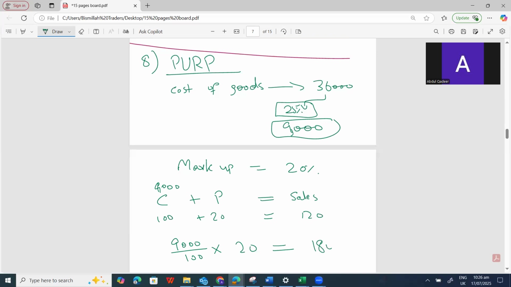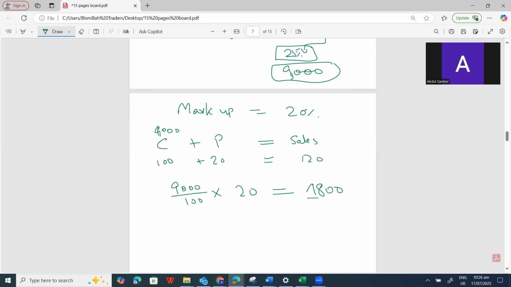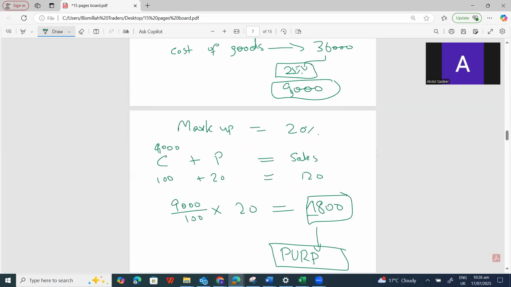This comes as 1,800. £1,800 will be the PURP, provision for unrealized profit. This we have calculated; the next steps.